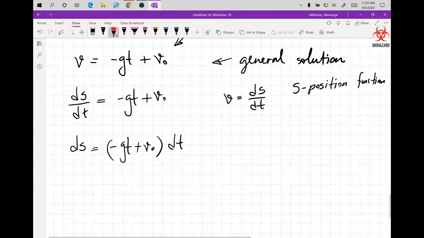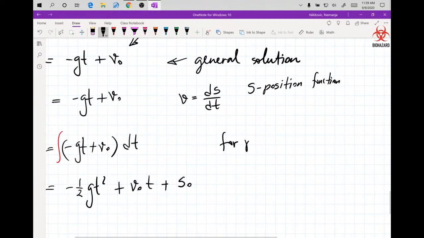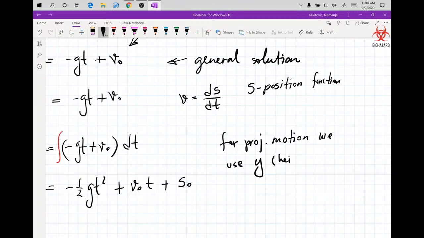And then we hit both sides with the integral. And you get your position function S as negative 1/2 gt squared plus v0t plus s0. Now for projectile motion, we use y, because it's height.